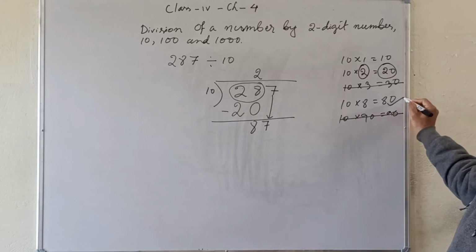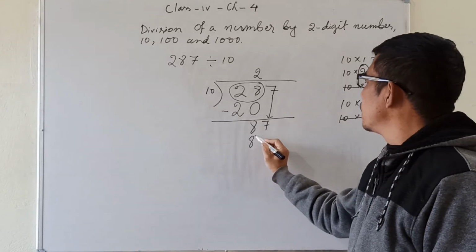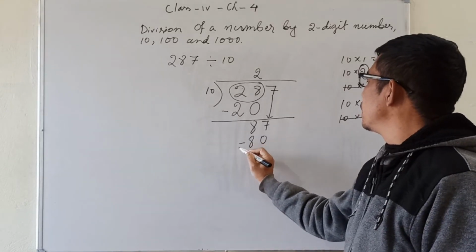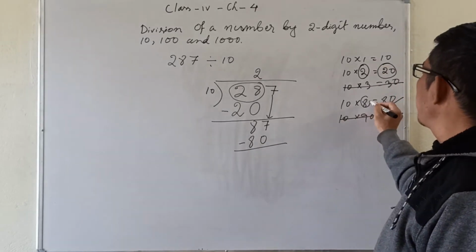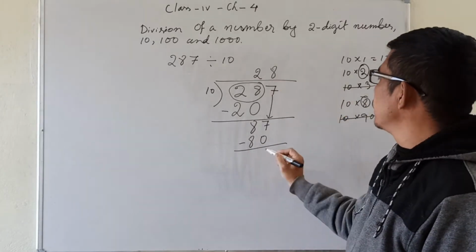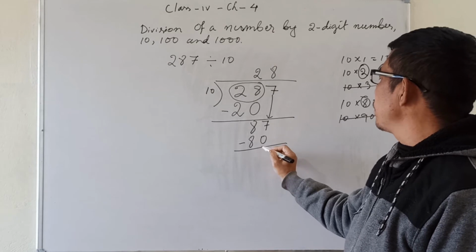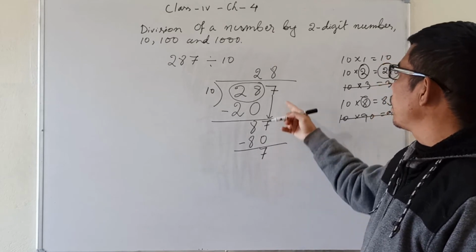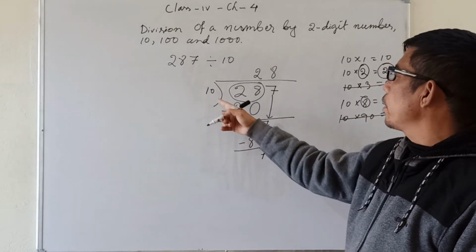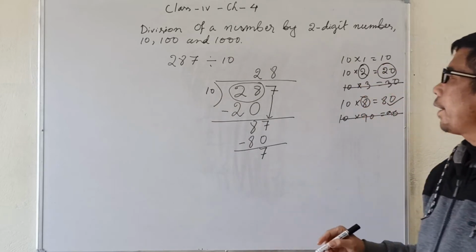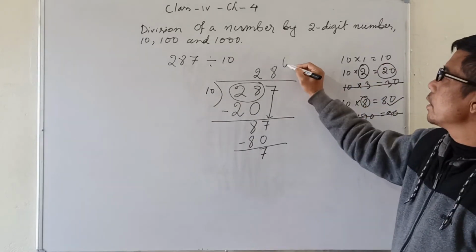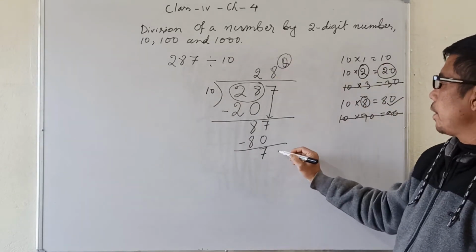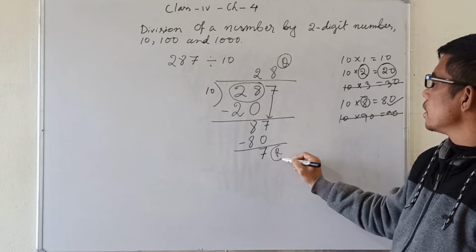So we have to take 80. And 8 will be written here. So 7 minus 0, 7. No number to bring down, and 7 is smaller than 10. So this is the end of the division. Your quotient is 28 and remainder is 7.